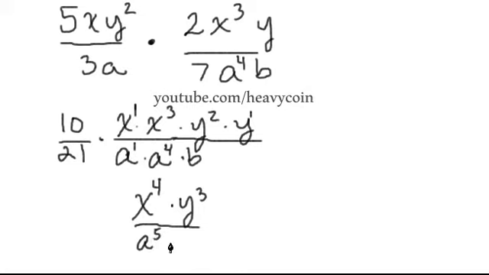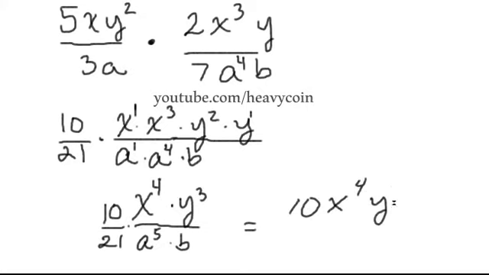It's going to seem like we've been repeating, but that's okay. We're going to do it again. I could have written it like this, 10x to the fourth y to the third, all over 21 a to the fifth b.